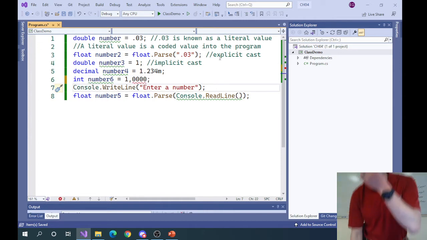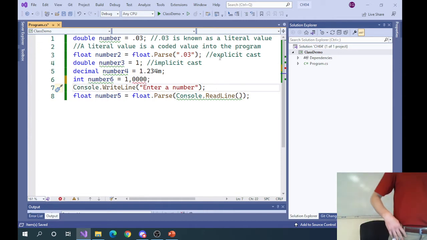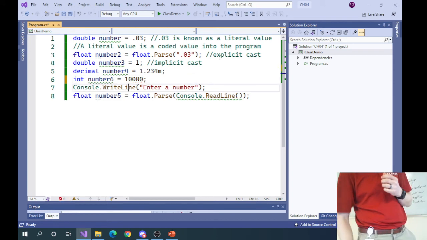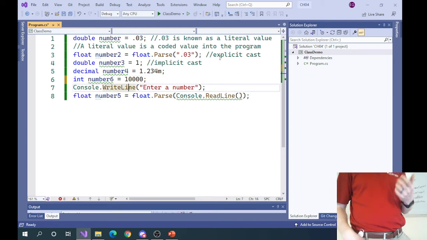What's it called when you code a number into your source code? Literal. When you code in a literal value, you do not put commas, but you do put decimals. So there are no commas in your literal values. That's a common mistake.